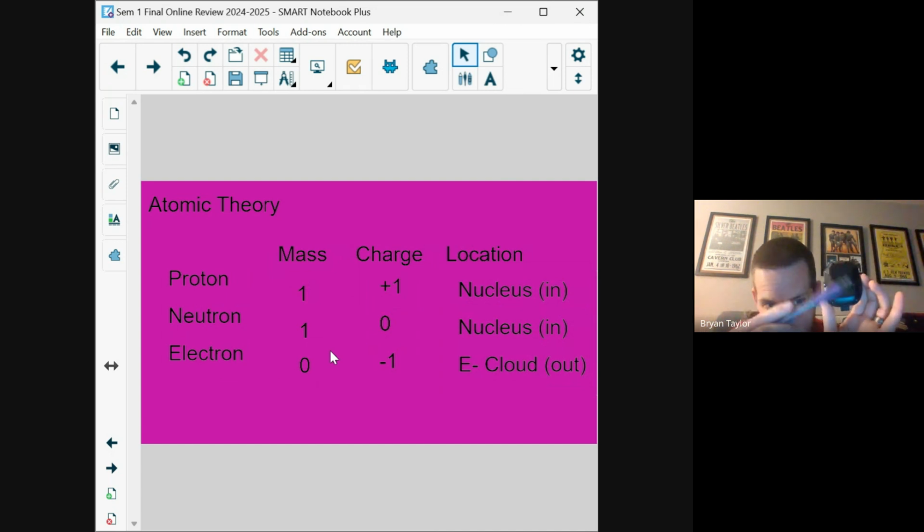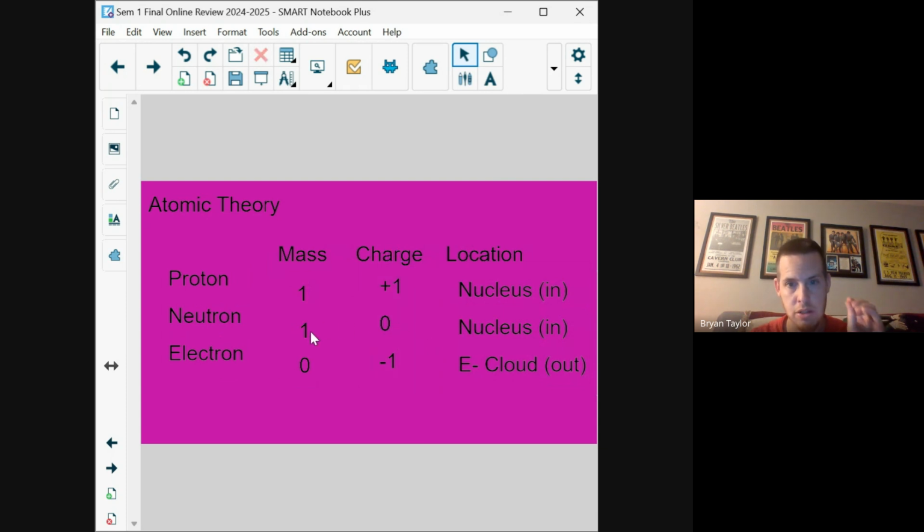So if this is one proton in size, a dot would be 1,000 electrons. Electrons are crazy small. That's why they don't have a mass. So do not count electron numbers in the total for the mass. That's not good. And in the same way, neutrons are neutral.